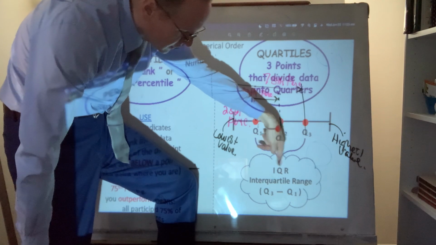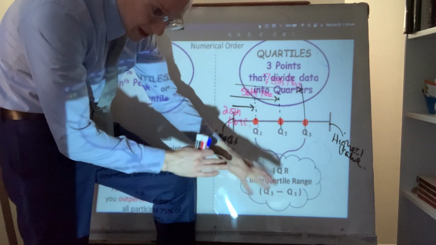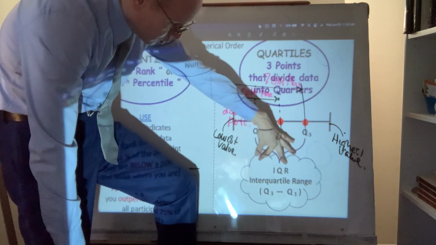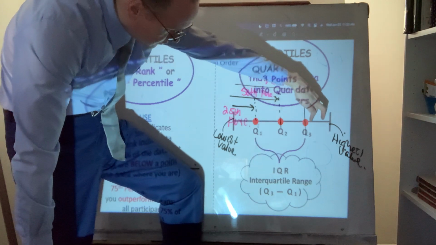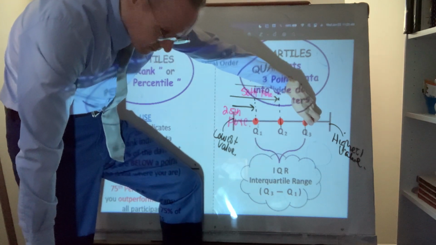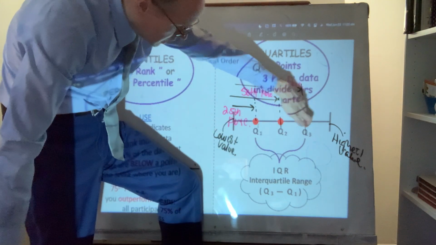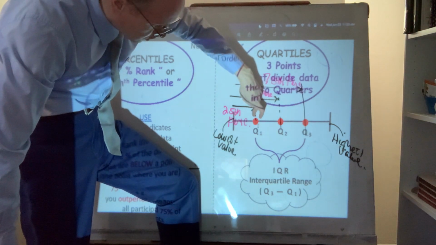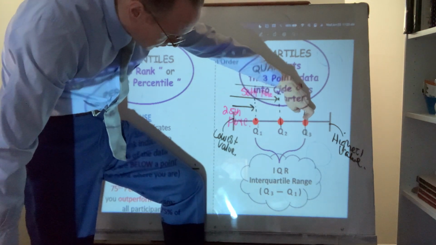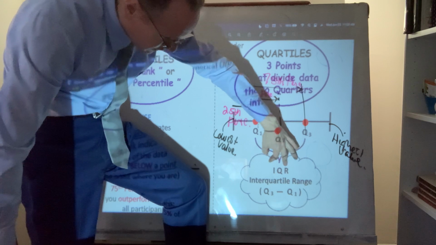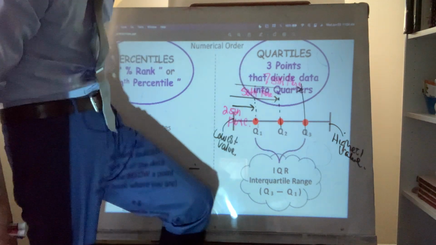There's something called the interquartile range as part of that calculation. Once you've determined the number at quartile 1 and the number at quartile 3, if you subtract them, you get the interquartile range.